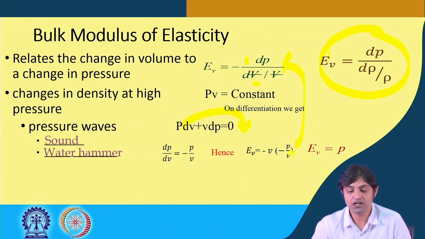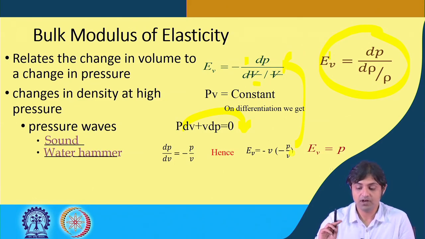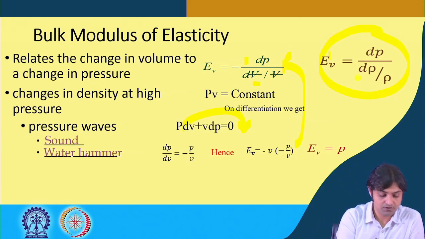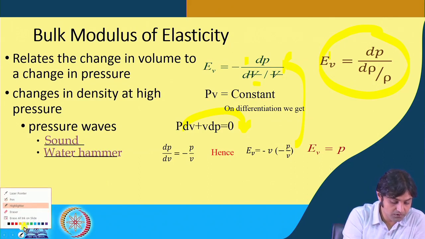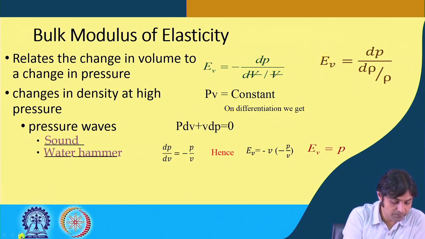We can also say that minus dP divided by dV by V can be written as dP by rho.